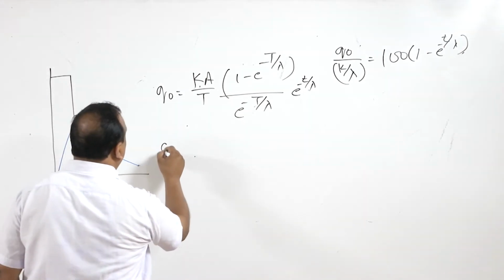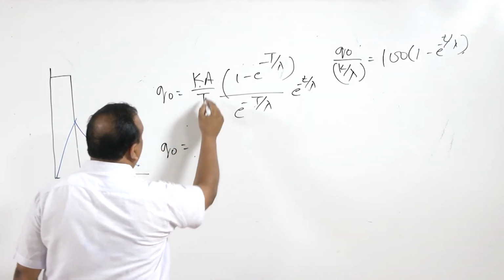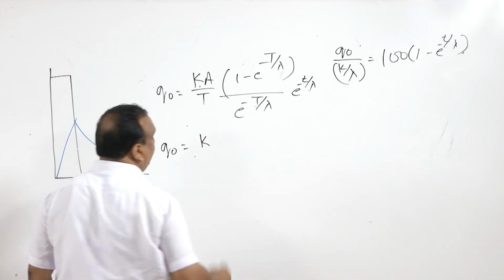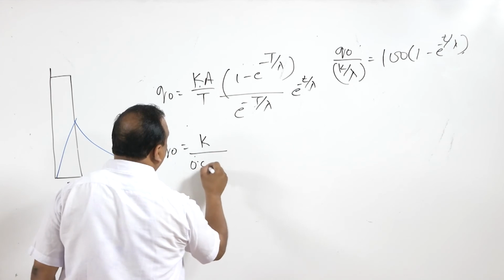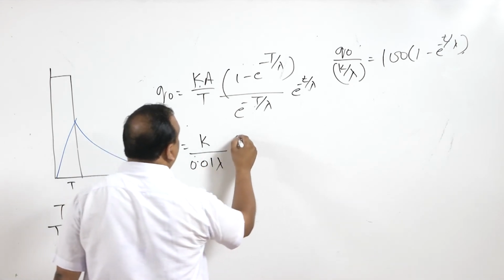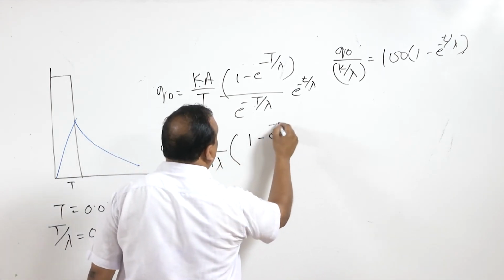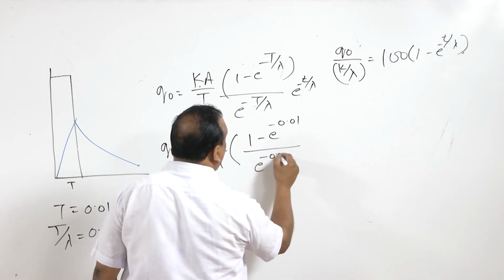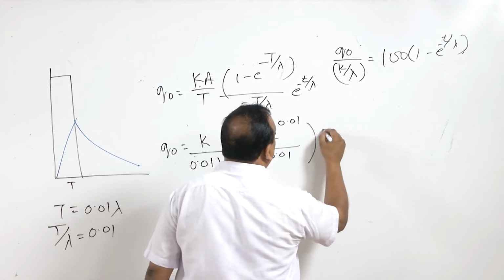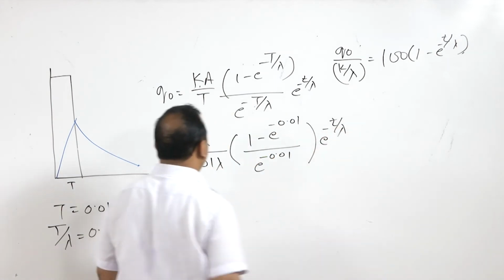So Qo is equal to, again, K, A we have assumed 1, capital T is 0.01 lambda, (1 minus e raised to power minus 0.01) divided by e raised to power minus 0.01, multiplied by e raised to power minus t by lambda.